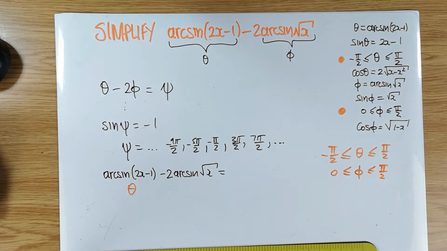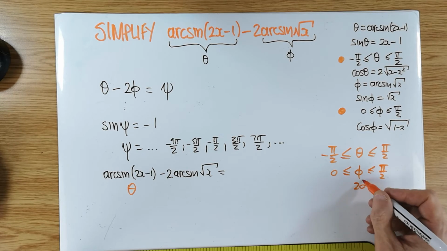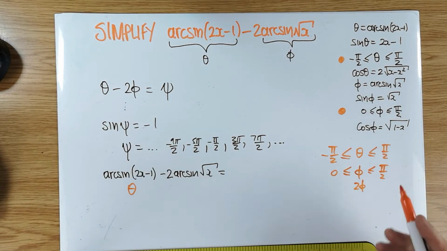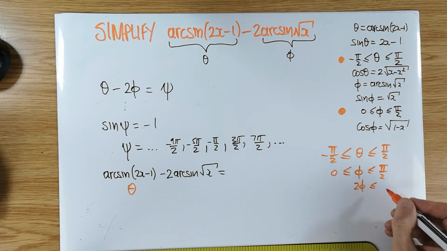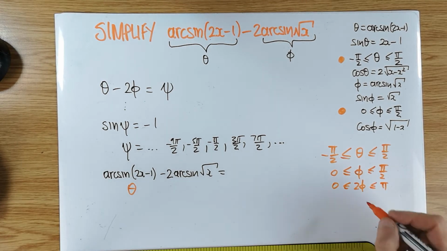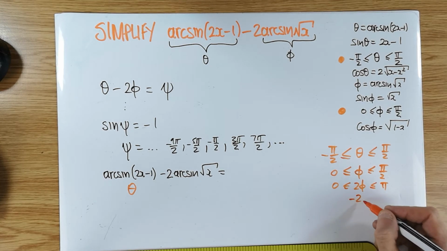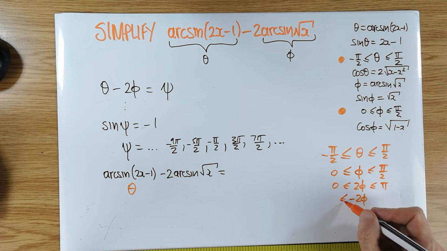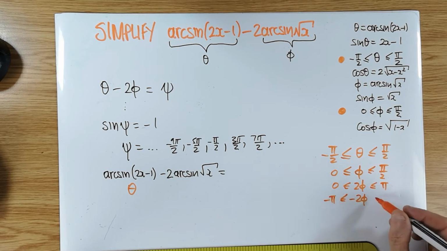Therefore, if I double it first of all, because I have 2 phi there, it's going to be clearly between pi on the top end and 0. But if I multiply by -2, that will reverse the inequality, so it will be between -pi and 0.